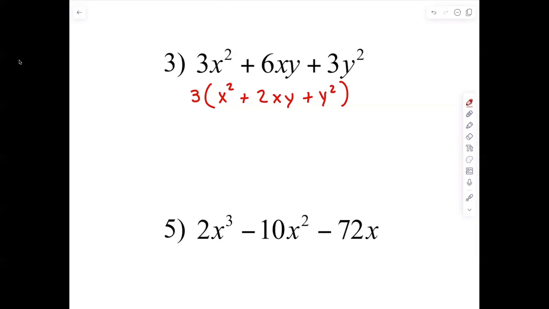From there, we bring down the 3, two sets of parentheses. I have x, then I have a y and a y.